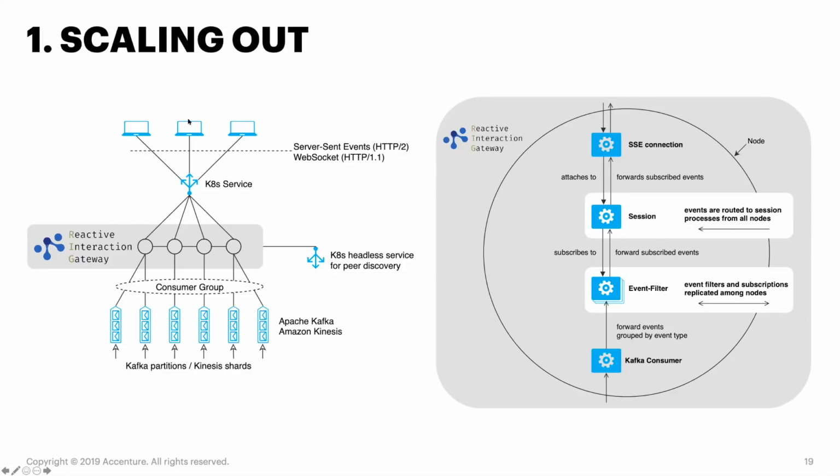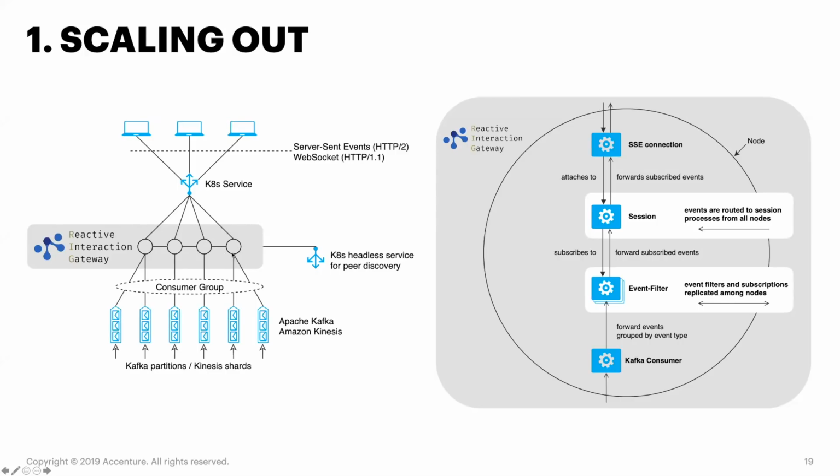So if, for example, this client here connects to the leftmost node, but the Kafka partition where the event type that the frontend is interested in is contained is over here, that node will actually receive the event from Kafka. Then this node also knows about the subscriptions for the session process that is on the other node.